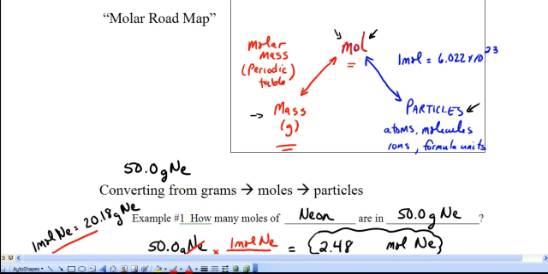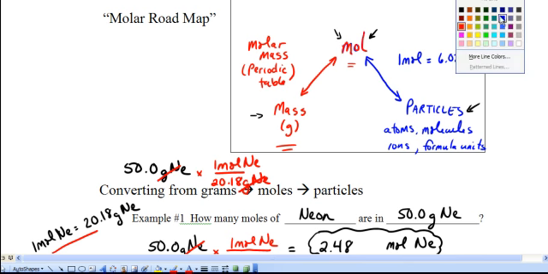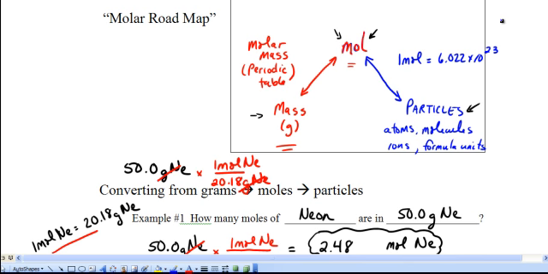So the first thing we want to do, once again, is multiply by 1 mole of neon over the 20.18 grams of neon to get the grams of neon to divide out. Now the only unit that we're in is moles of neon. But instead of doing the calculation right there, we can go a second step before we do the calculation. Since we know that we're already in moles, we can multiply that by 1 mole of neon on the bottom with Avogadro's number on top.